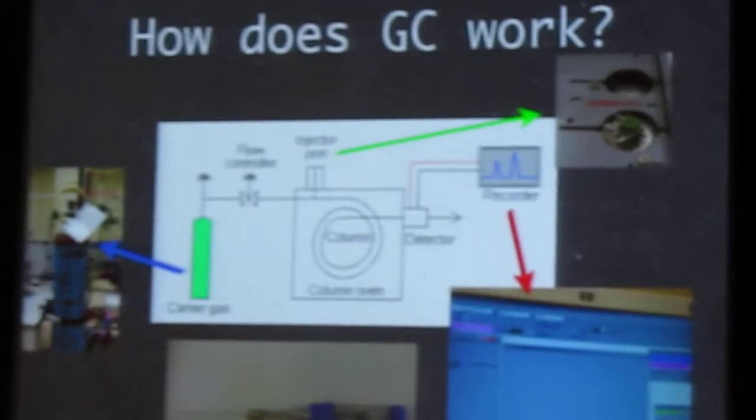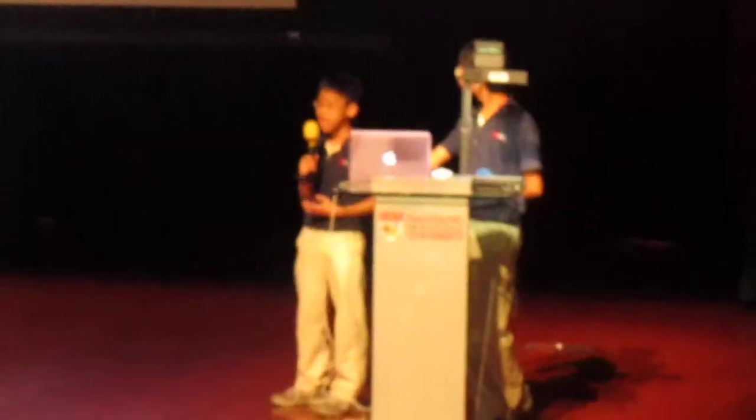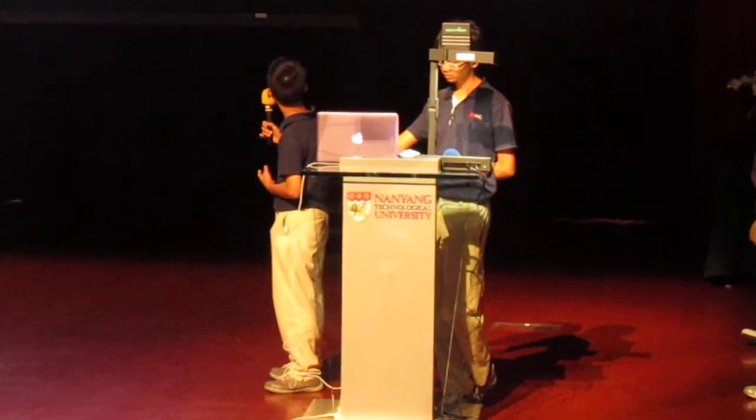Okay, so the next is the gas chromatography machine, which is what we use to test the purity of the alcohol. There are a few parts to the gas chromatography machine.